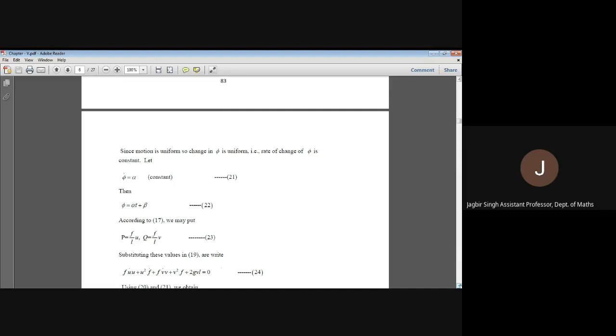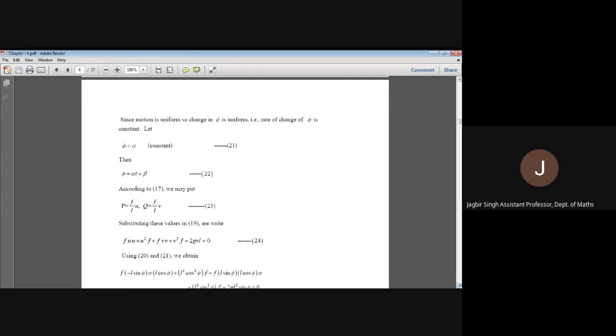But replacing P, Q, U and V in equation number 19, we will have F into U dot U plus U square F dot plus F into V dot V plus V square F dot plus 2G V L is equal to 0.